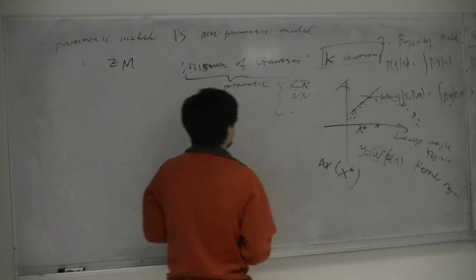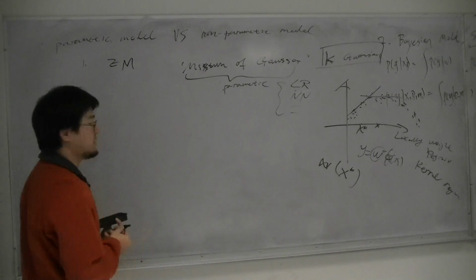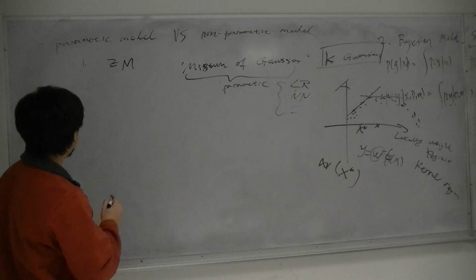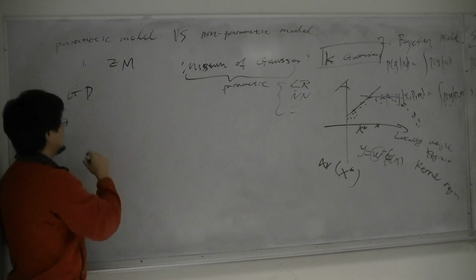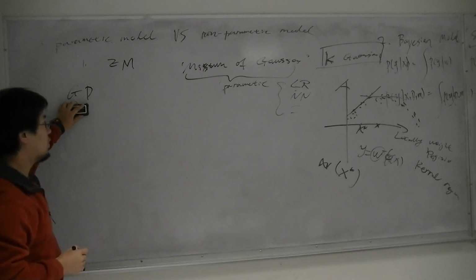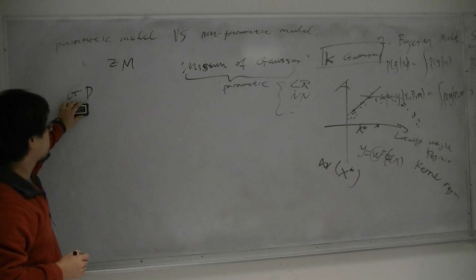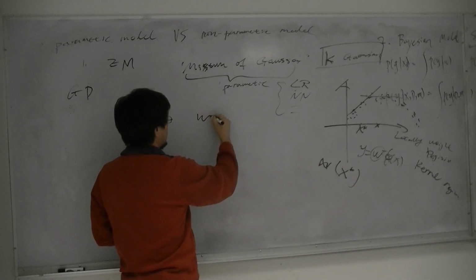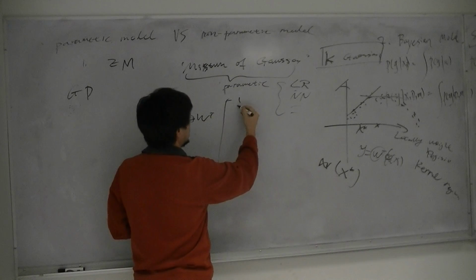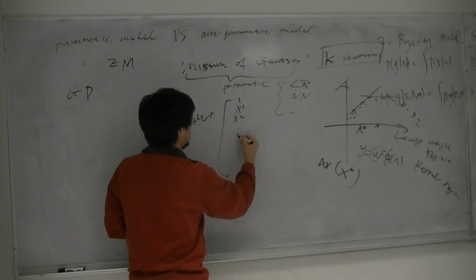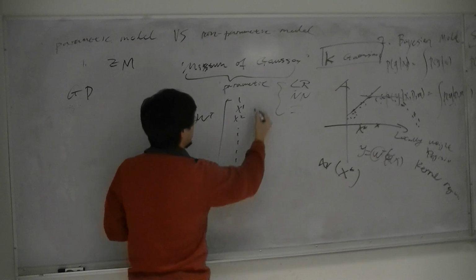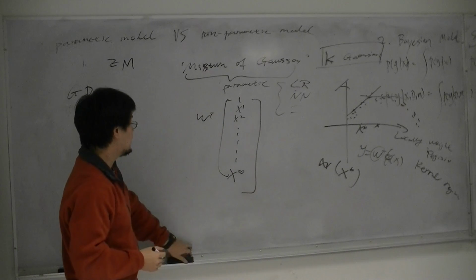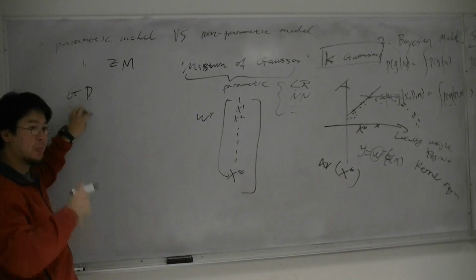Go back to the Gaussian process and the Dirichlet process. Gaussian process is, as someone calls it, if you have an infinite amount of terms here, this is equivalent to this.